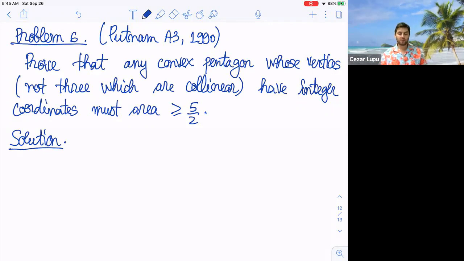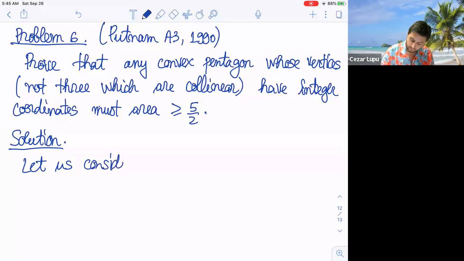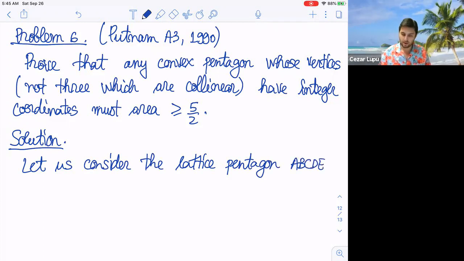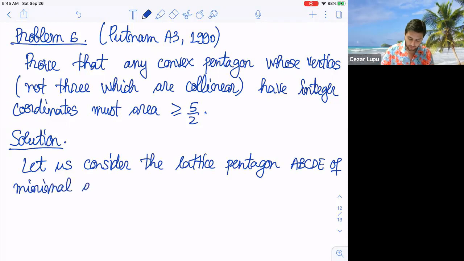So without loss of generality, let us consider the lattice pentagon, let's say A, B, C, D, E, there are 5 of them, of minimal area. So we'd like to do that.